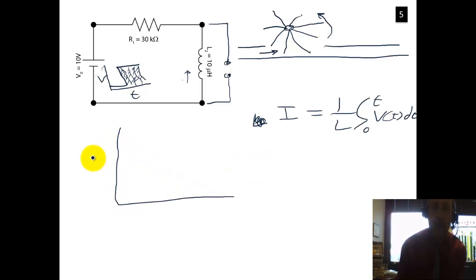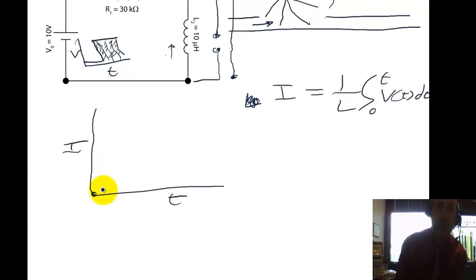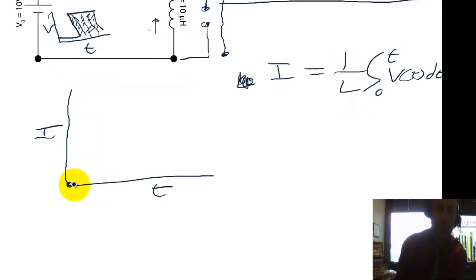And we know at time equals infinity, it's as though this is just a wire. The water goes straight through. So the current across the inductor at time equals 0 is 0. No current gets through. The voltage just jumps up.